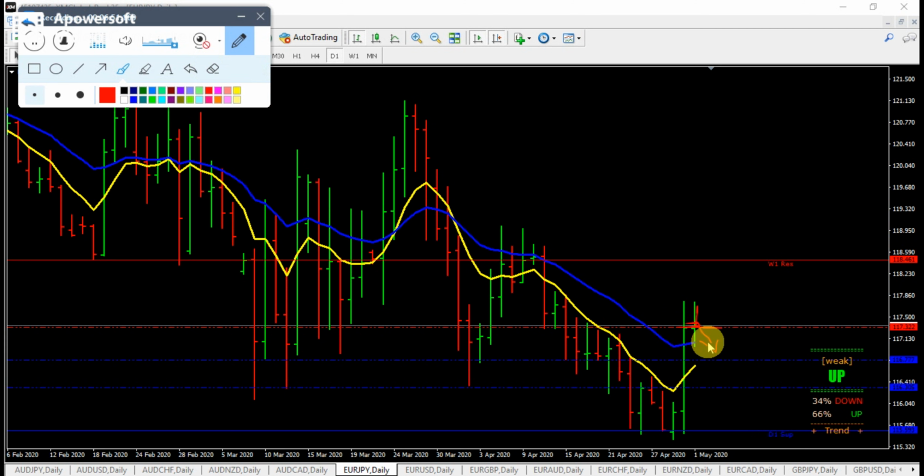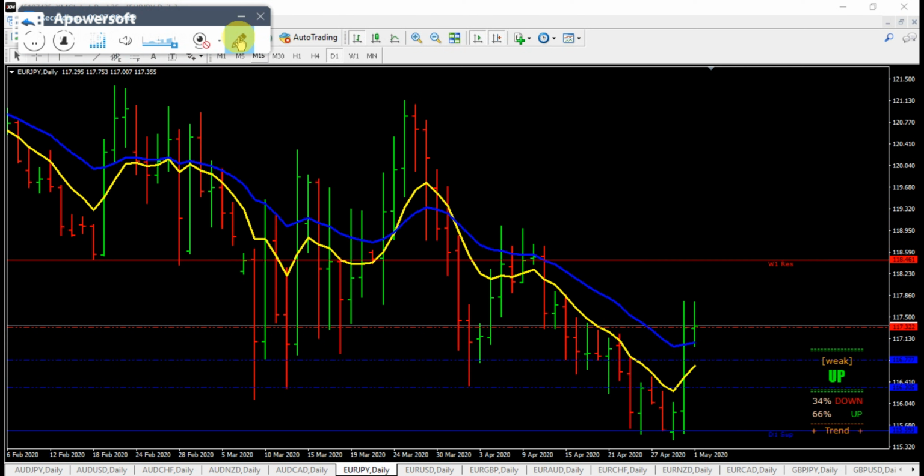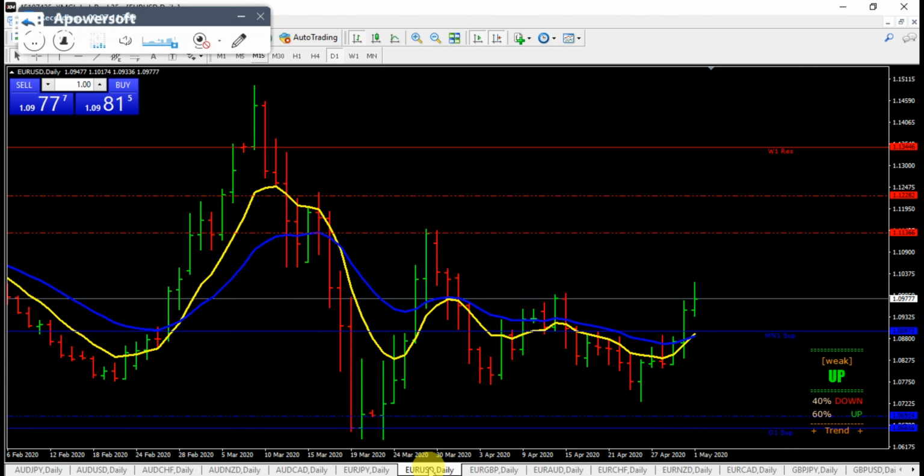So I'm expecting this pair to come down to at least this level, then I'm going to buy again. Or if it breaks this support, then I will wait for my daily support and then I'm going to buy, because I'm expecting Euro JPY to go up. So let's see what happens in the upcoming market. Let's see what happens next week and how the market is going to react.